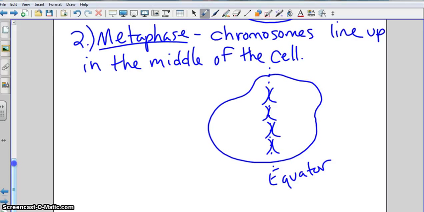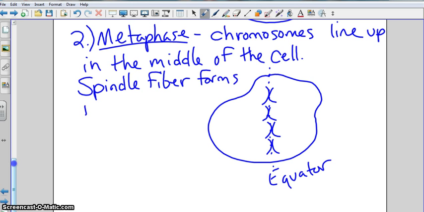And the second thing that happens is the spindle fiber forms and attaches to chromosomes.